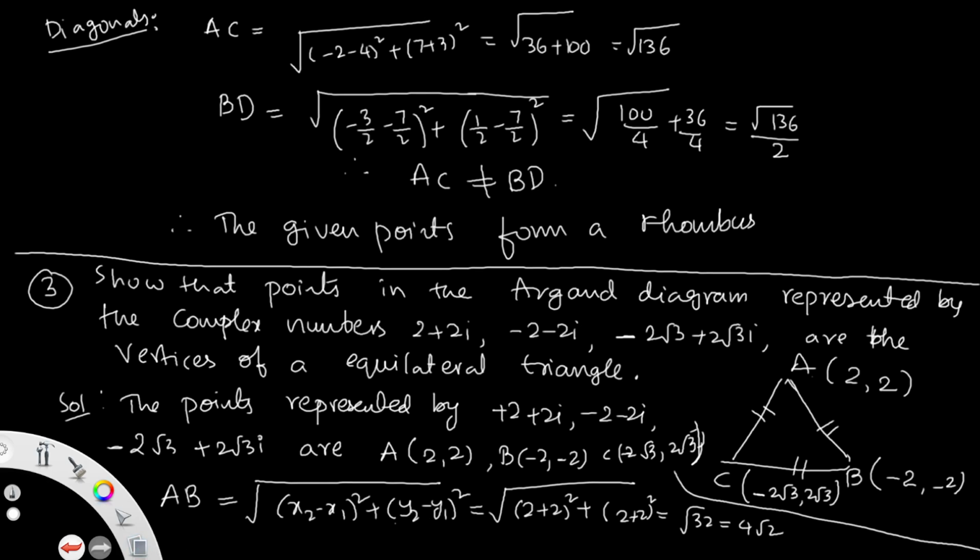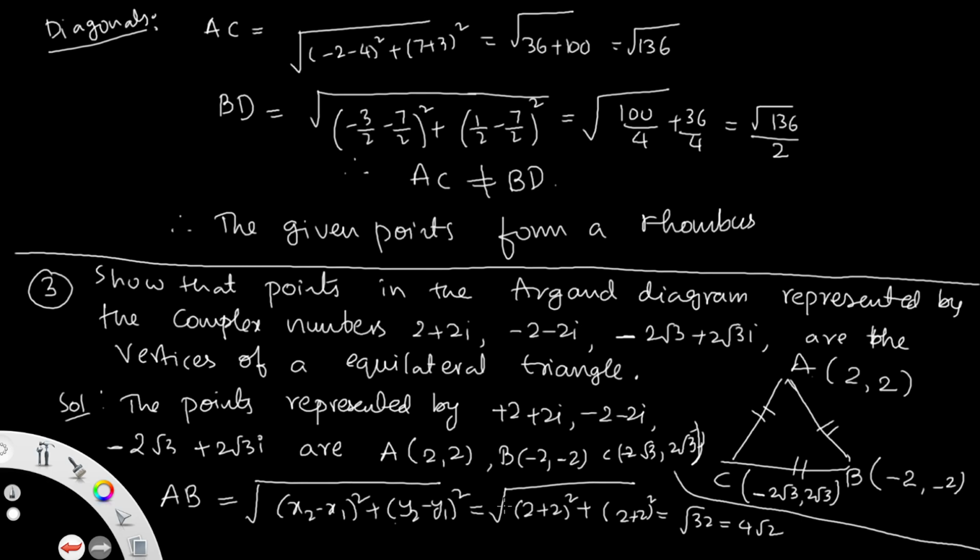First, show that the given points in the Argand diagram represented by the complex numbers 2 plus 2i, minus 2 minus 2i, minus 2 root 3 plus 2 root 3i are the vertices of an equilateral triangle. To prove that, all the sides must be equal, that is AB, BC and CA. But they are in the form of complex numbers, so we have to change them into points.